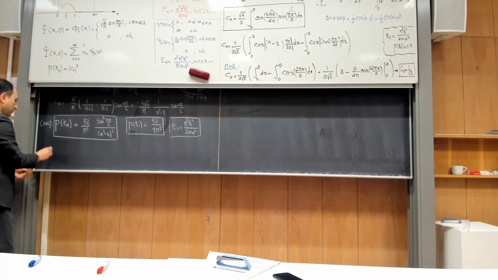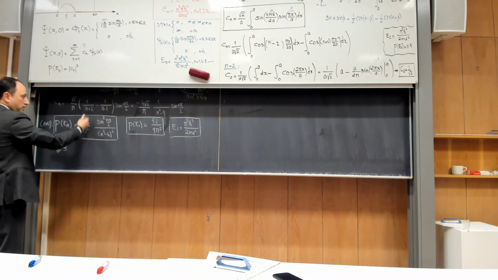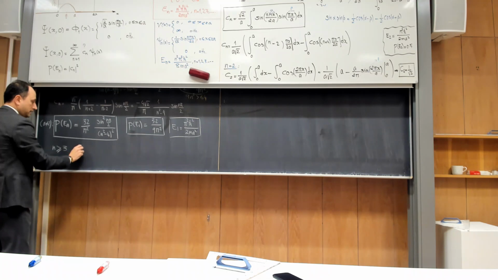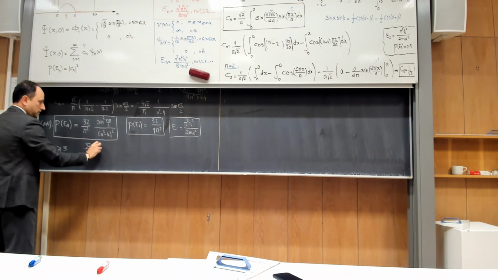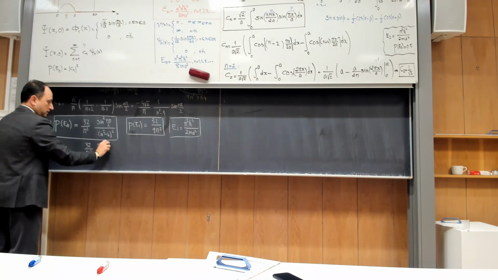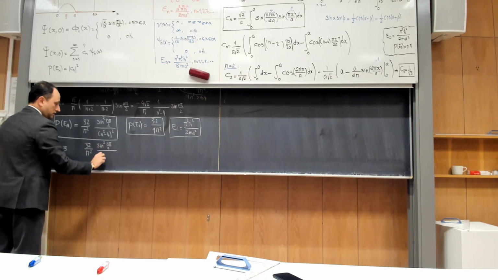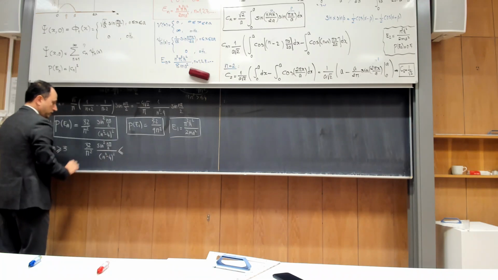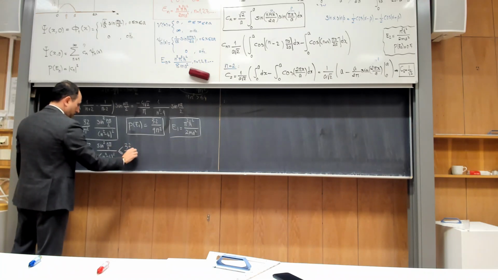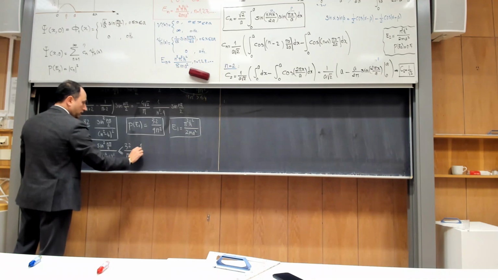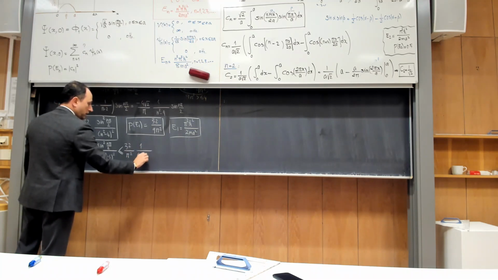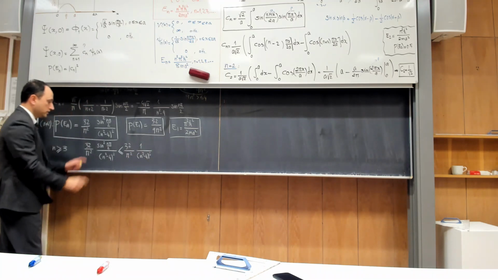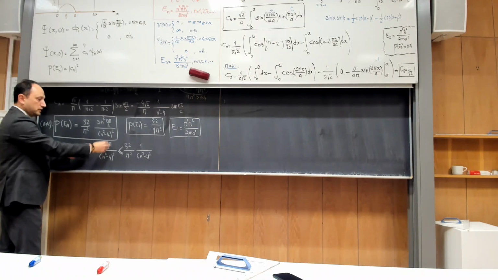So if n is greater than or equal to 3, let us try to estimate this. We know that this number is definitely less than or equal to 32 pi squared, 1 over (n squared minus 4) to the power 2, because sine squared of n pi over 2 is at most 1.